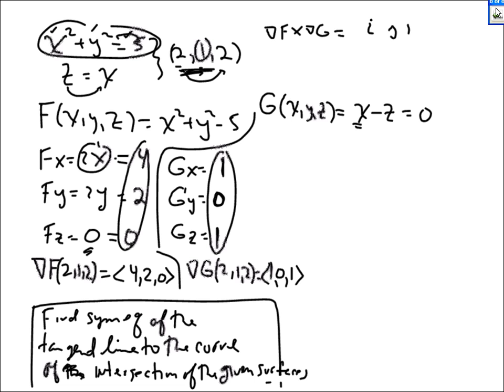I, J, K, gradient F is 4, 2, 0. Gradient G is 1, 0, negative 1. And this determinant, I think I can do it in my head.